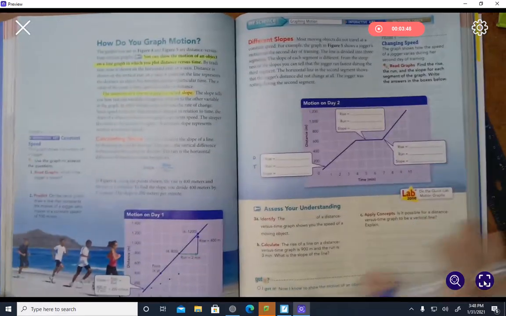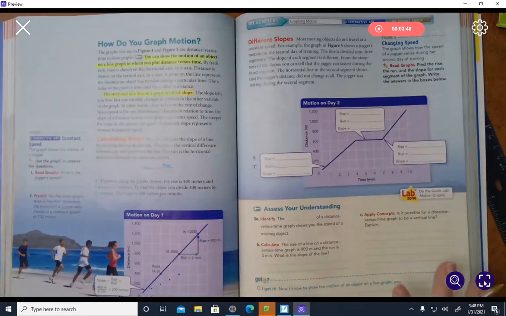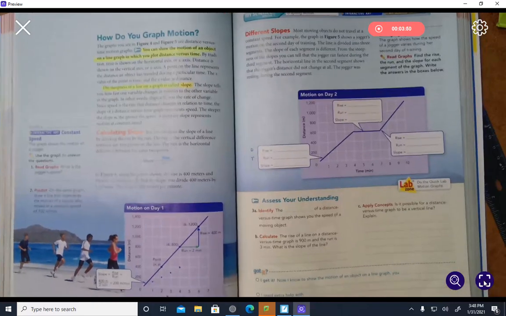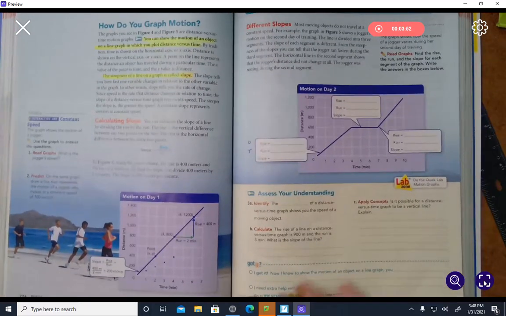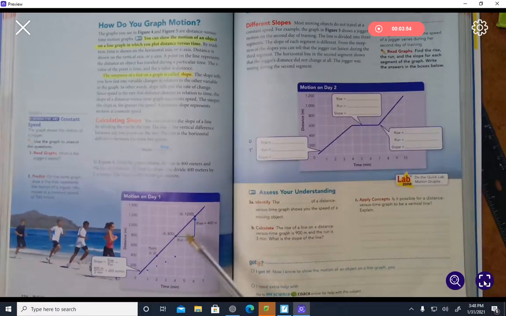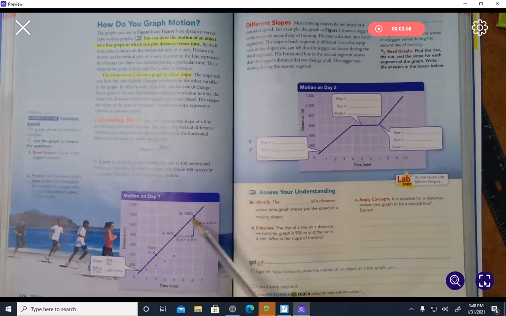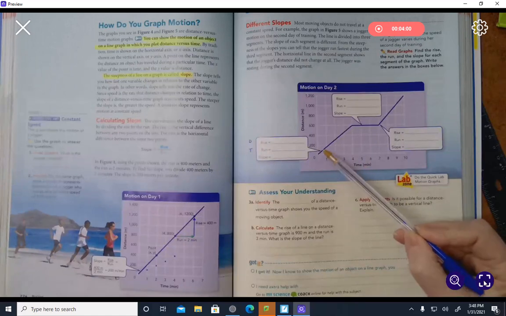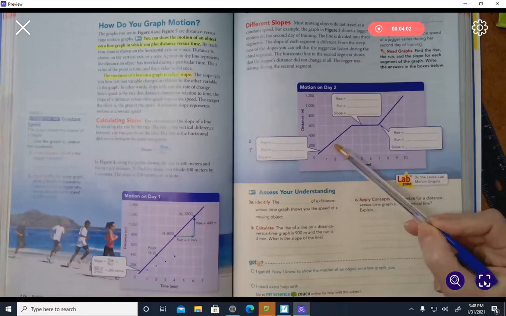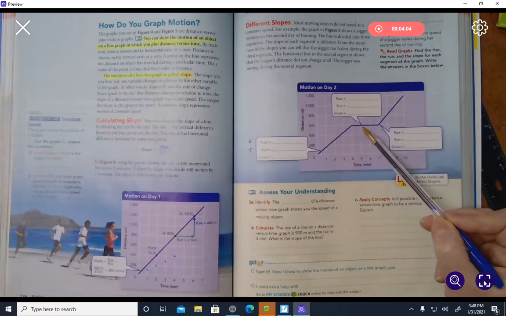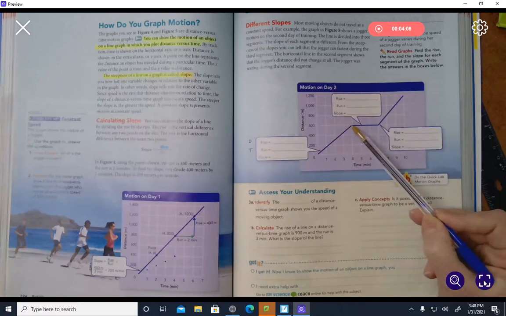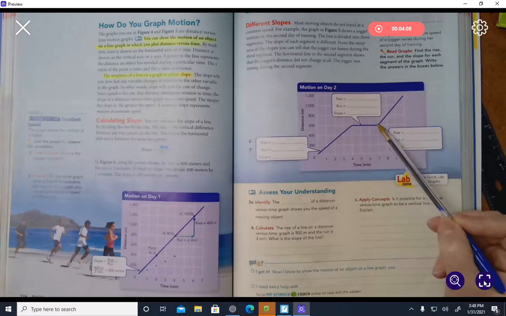So we're going to be spending some time on graphing motion, and simply put, I want you to be able to look at a graph like this and know that this person is traveling at a constant speed, that this person started at a speed, then they came to a stop, and the reason why you know it's stopping is because it's a horizontal line.